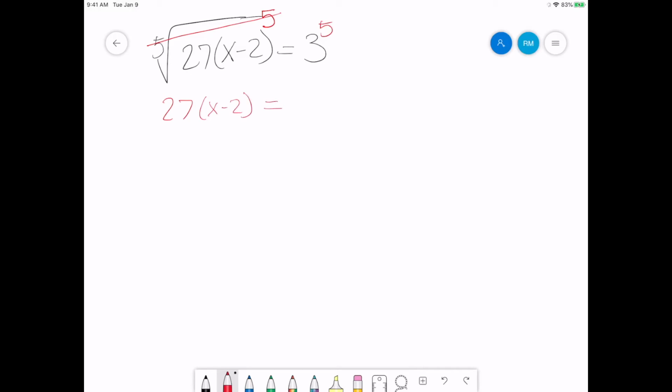And now I have 3 to the fifth power on this side, which I'm going to work out on my calculator. And 3 to the fifth power is 243. The next step is distribute the 27. Now I'm going to bring my number over to this side.